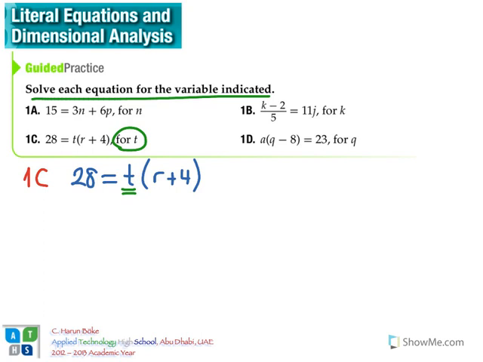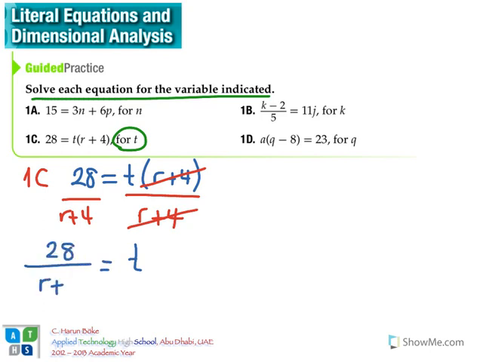So what I have to do is to divide both sides by r plus 4, so that on the right hand side I simplify this factor and get t alone. On the left hand side I have 28 divided by r plus 4. So this is my answer.